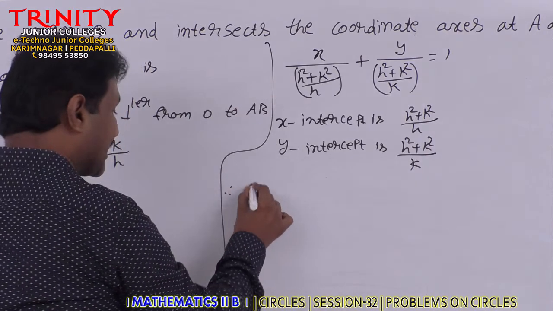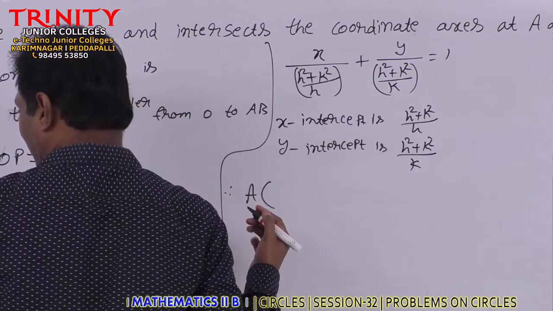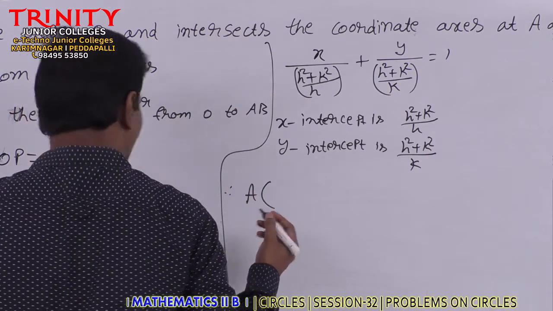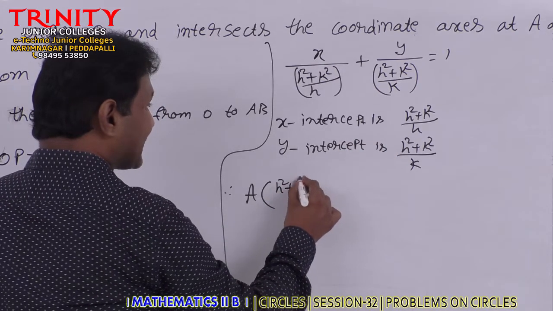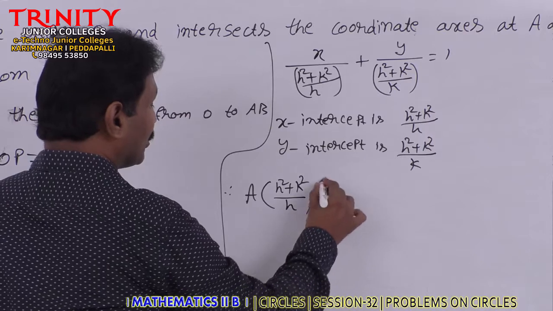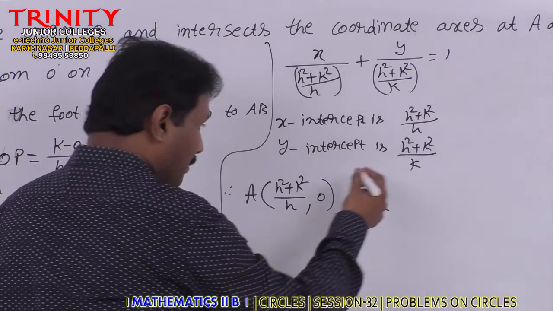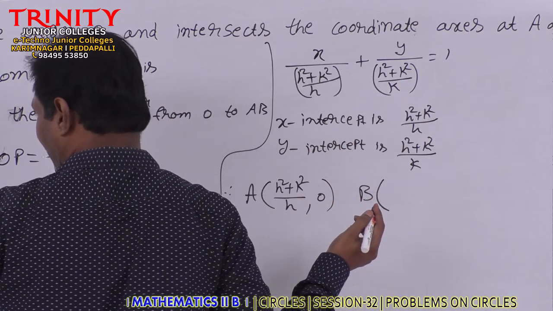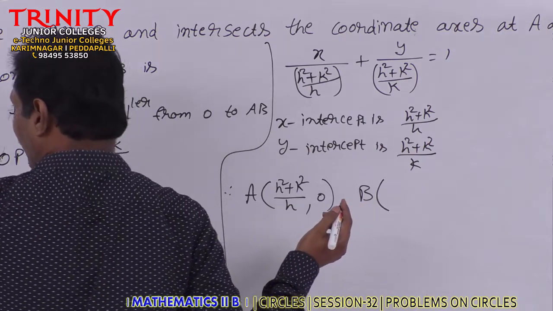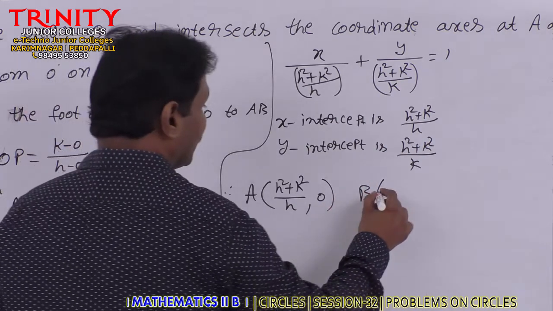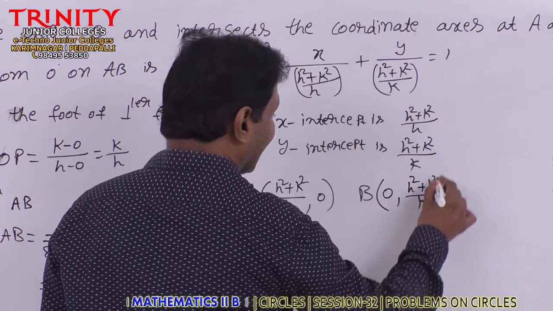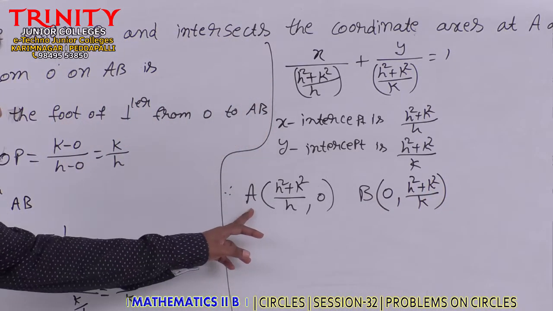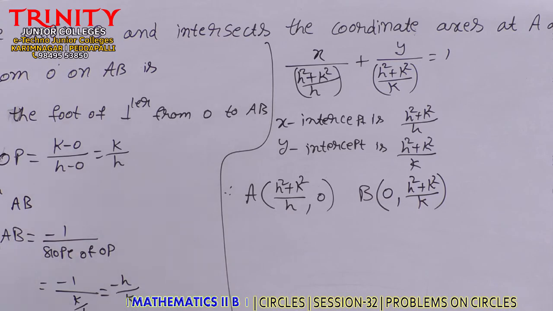So the coordinates of point A are (h square plus k square by h, 0) and the coordinates of point B are (0, h square plus k square by k). Here we find the coordinates of A and B.